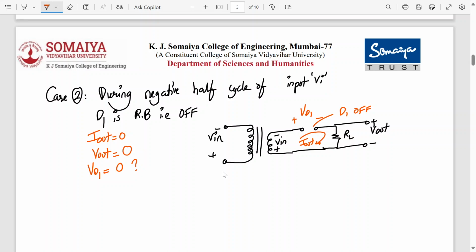No. No. How much is VD1? Voltage across the diode. It's equal to minus of Vi. Correct? So it will be minus of Vi, which is minus of Vm. This is called as peak inverse voltage or peak inverse rating of diode.